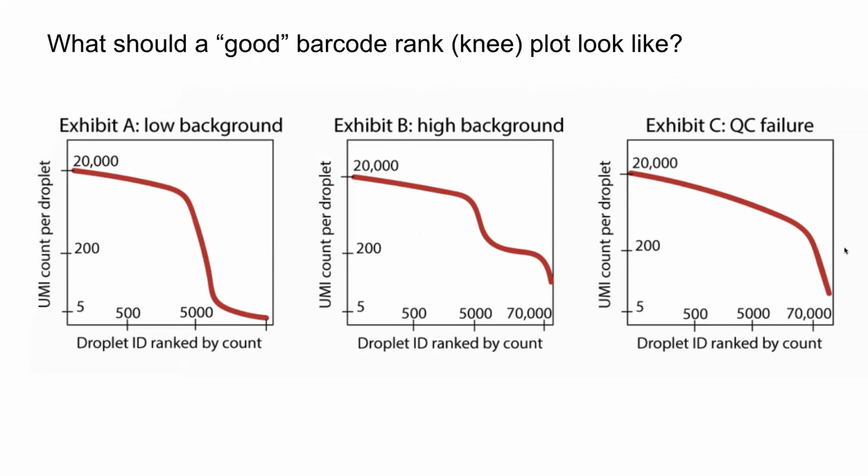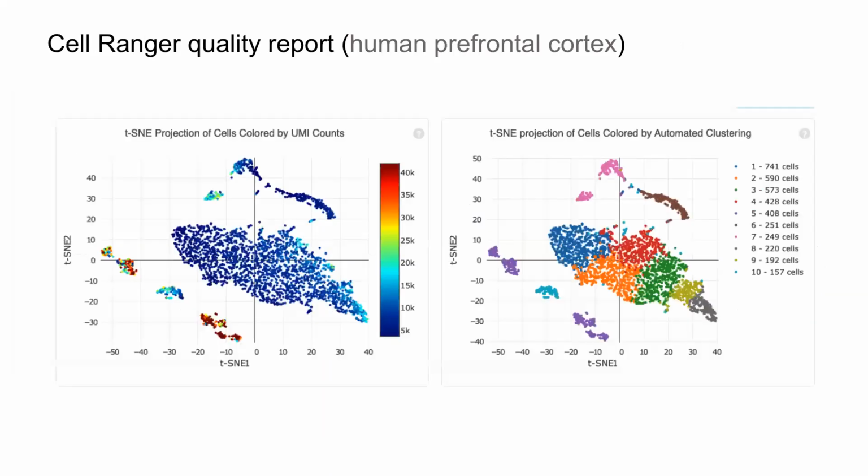But a lot of the time, with reprocessing published data sets recently, even from Nature, Cell, Science, they have this bad of a profile and they're still publishable. So you can work with what you've got. You just have to know all the tricks in the book for different QC methods.